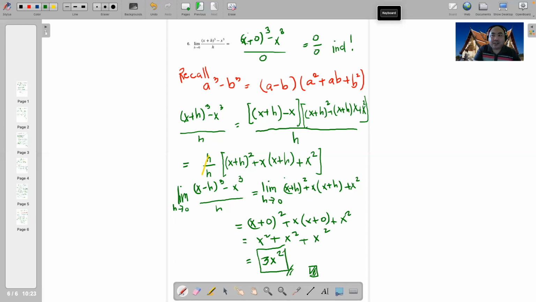All right, so I hope with these 6 problems, you will be guided into solving similar types of problems, finding limits of indeterminate forms. There you have it.